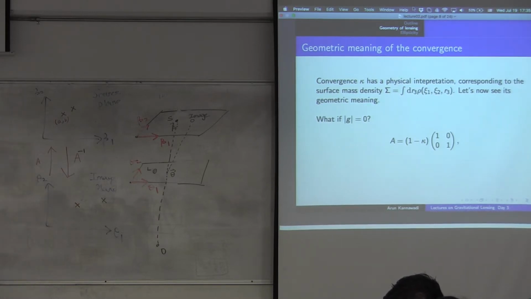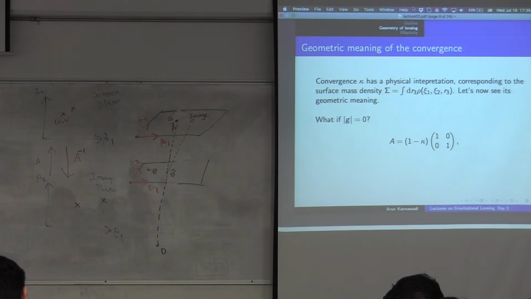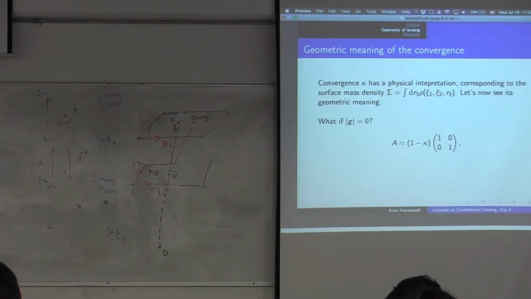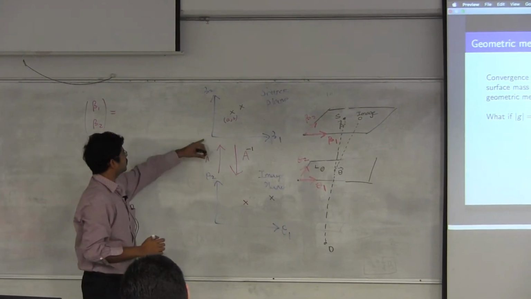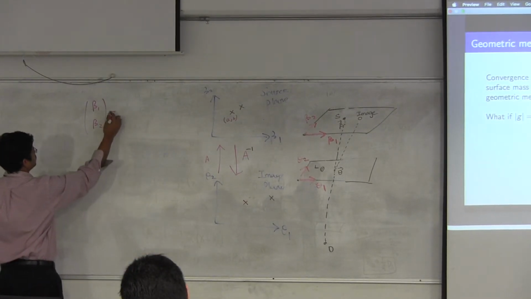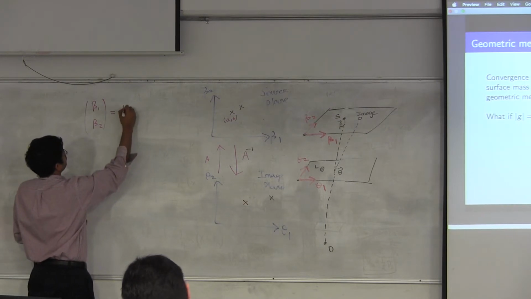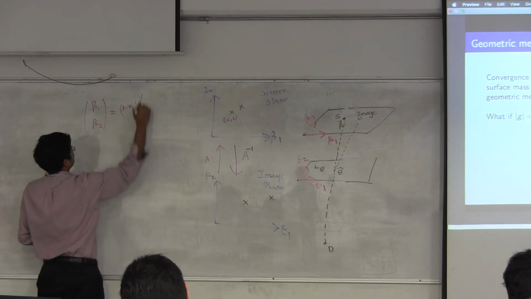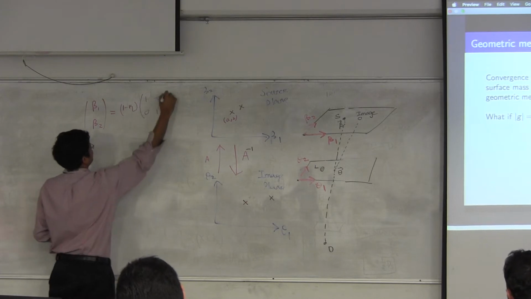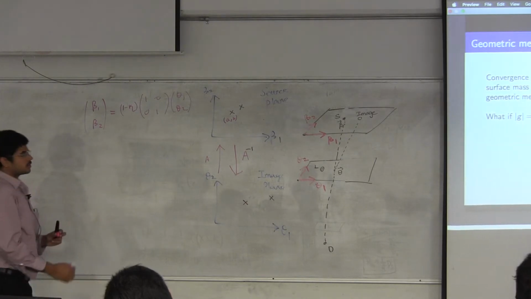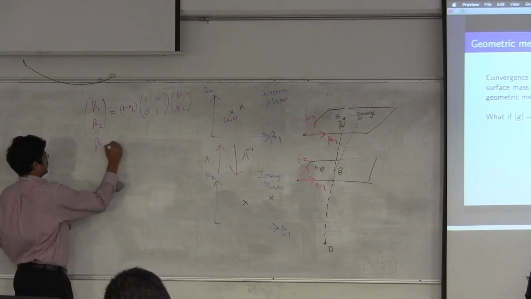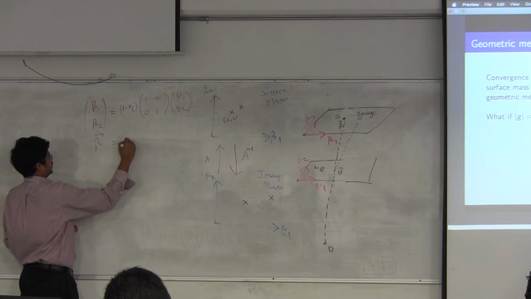So this suggests that, or in other words, A takes us from the theta to the beta plane. This is just writing the beta vector as A times the theta vector.